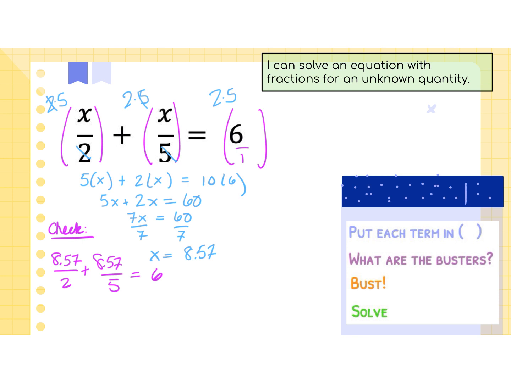And that's going to give you 4.285 plus, and then 8.57 divided by 5. And that's going to give you 1.714. And then if you add those two numbers together, I'm doing it right now on my calculator, you get 5.999 equals 6. And you can round that to be 6 equals 6.